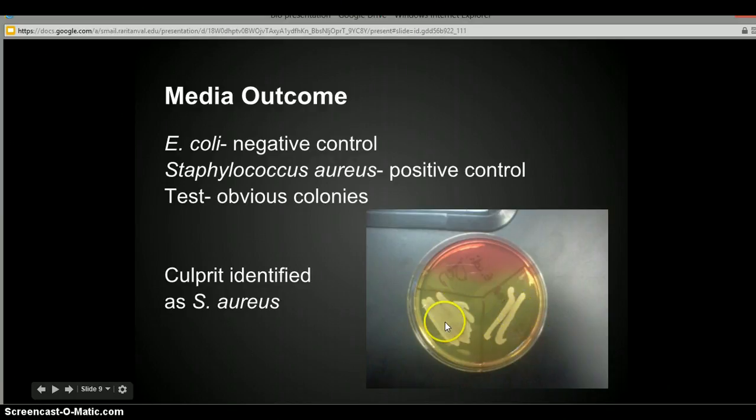And then the test, which is kind of in the center-ish, had a lot of colonies and a lot of just yellow, and so we determined that it obviously was similar to Staphylococcus aureus, and we were able to decide that it actually is Staphylococcus aureus. And Darlene will get into all of the other stuff in her video lecture coming up.